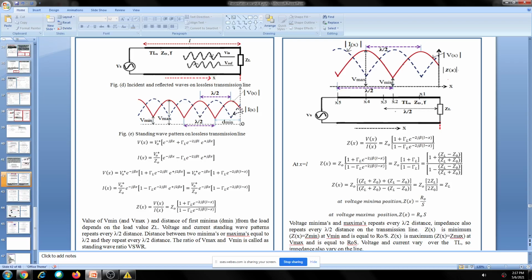Similarly, the voltage that exists at the load will repeat somewhere here. At the load position we have some value of voltage, impedance and also current. Those must repeat here again. Because voltage is repeating, impedance also should repeat.